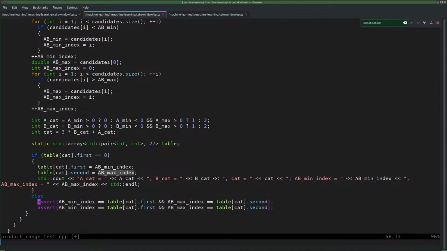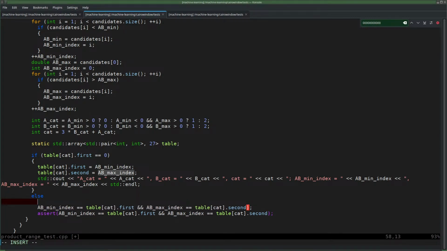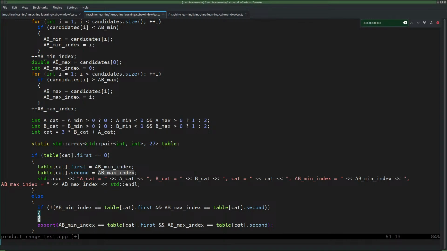And then if this fails, if not that, so the assert is going to fail.